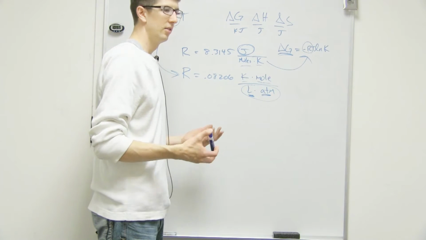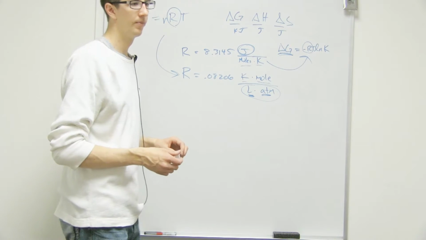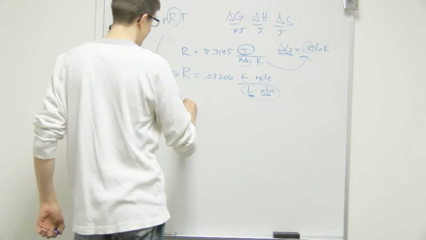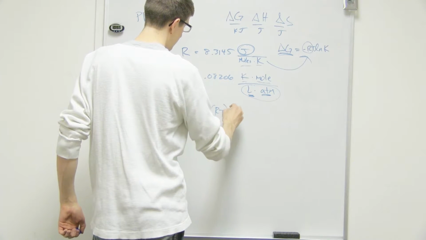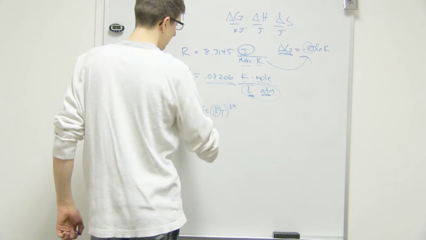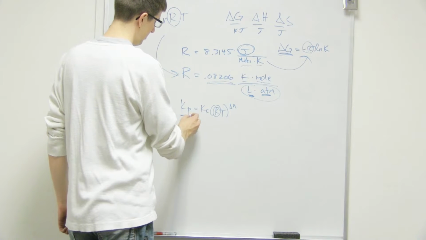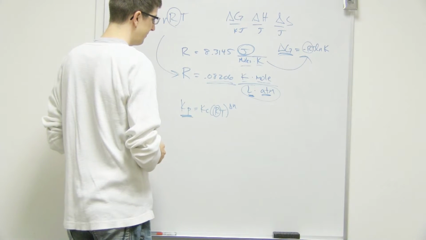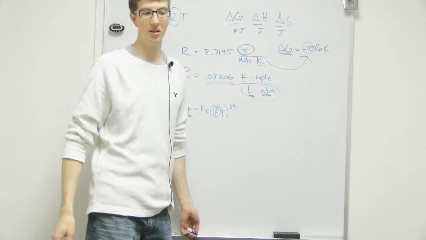What about the KC one, like KC equals KP? Right. KP equals KC times RT to the delta n. This one would be this one. And what would give you that hint? What we're dealing with. Oh, pressure. Pressures. Now, I think that should be it. We better double check that.